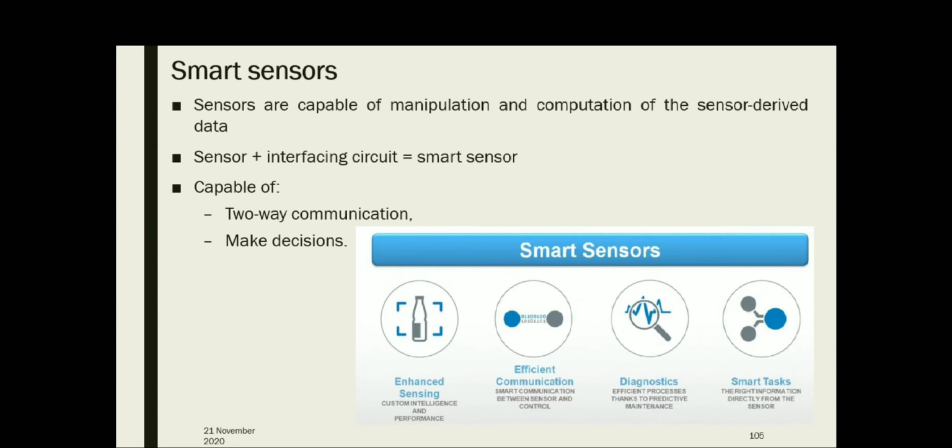So there are many types of smart sensors, which have qualities such as enhanced sensing capacity, efficient communication, and diagnostic properties. It can handle various smart tasks.